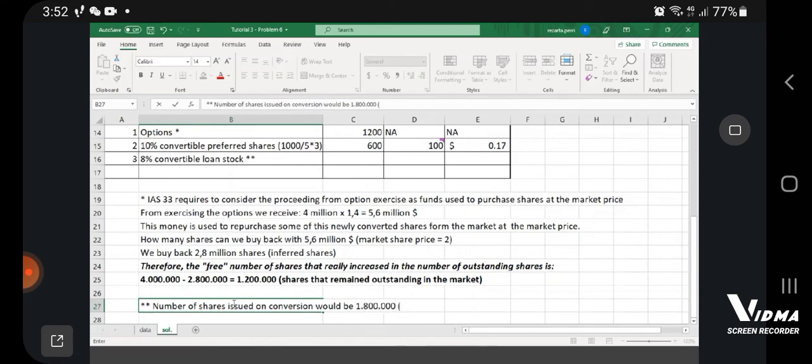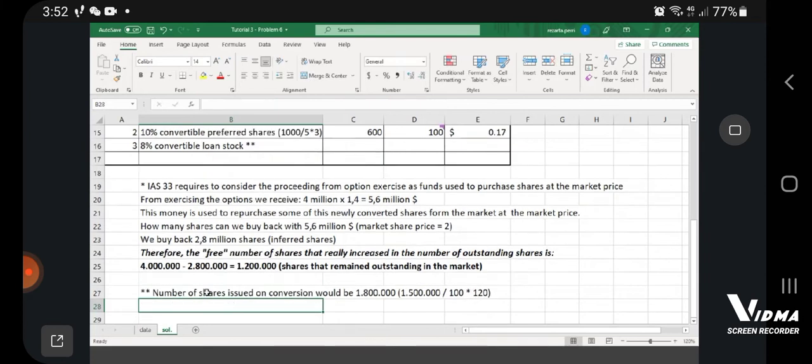And that is shown in brackets, like we have a loan with the value 1,500,000, and we said each 100 euro of that will be converted into 120 shares.